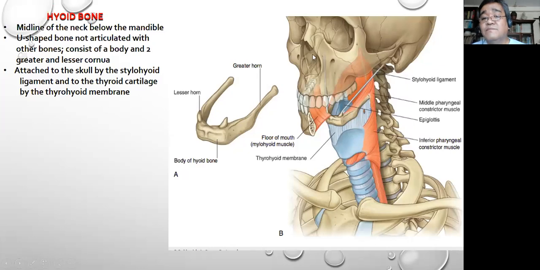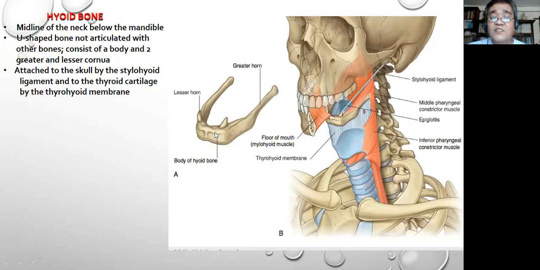Another bone of the neck is your hyoid bone. Now, this bone is very unusual because this is the only bone that is isolated from the rest of the skeletal framework because it has no articulation with any bone. It is actually held in place over the anterior part of the neck by several muscles of the anterior portion of the neck, such as your suprahyoid muscle and your infrahyoid muscle, as well as by this ligament, the stylohyoid ligament.